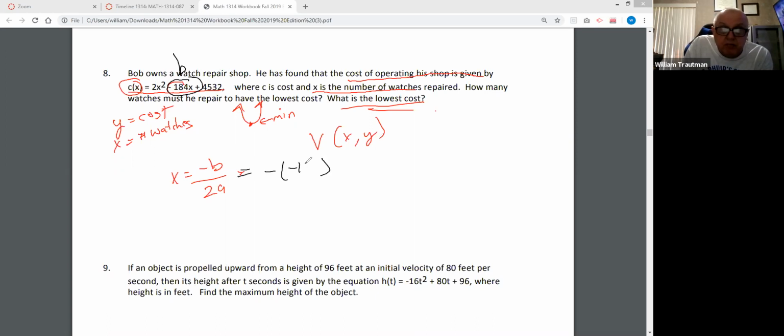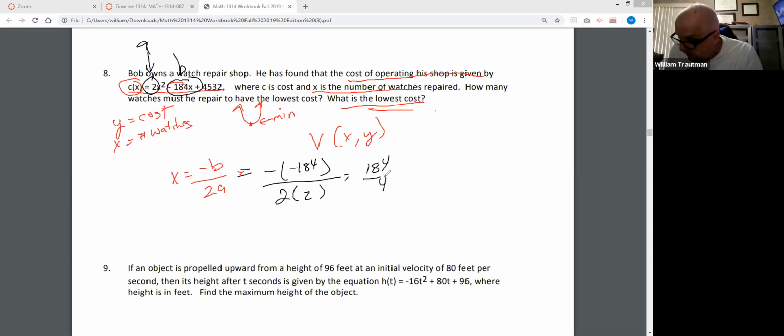B is negative 184, not 18. And then a is 2. Divided by 2 times a, and a is 2. Negative negative 184 divided by 4. 184 divided by 4, and I get 46.